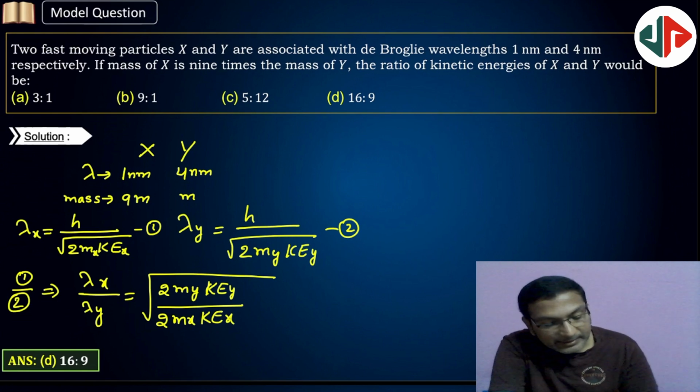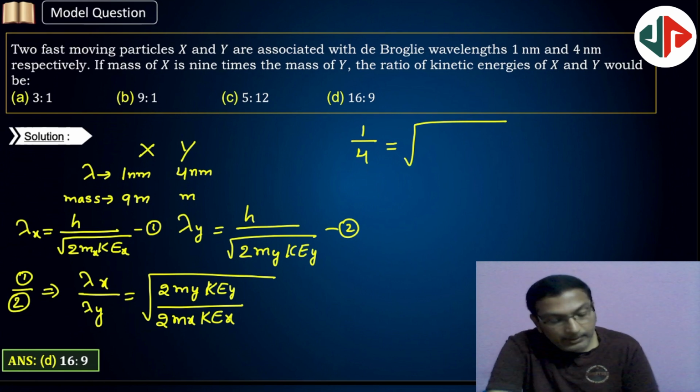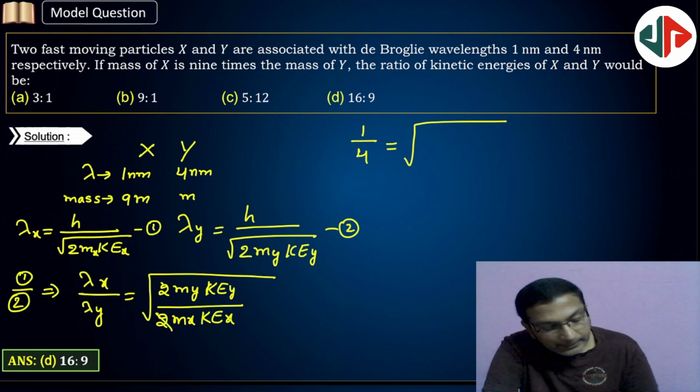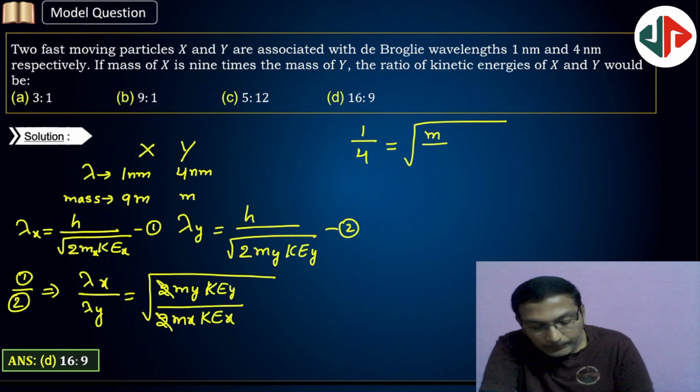So lambda x 1 nanometer by 4 nanometer equal to root over, 2 gets cancelled, my, that is m by 9m into KEy by KEx.